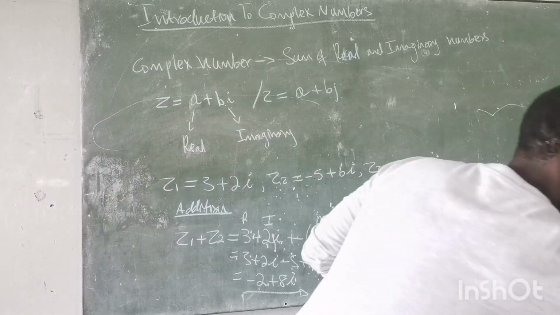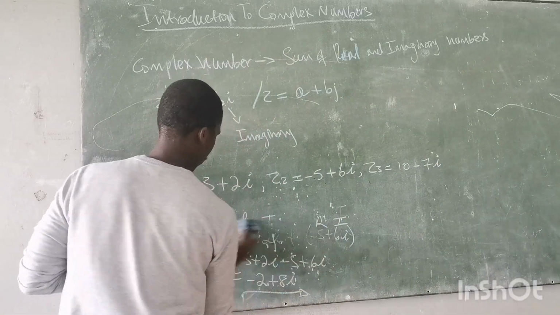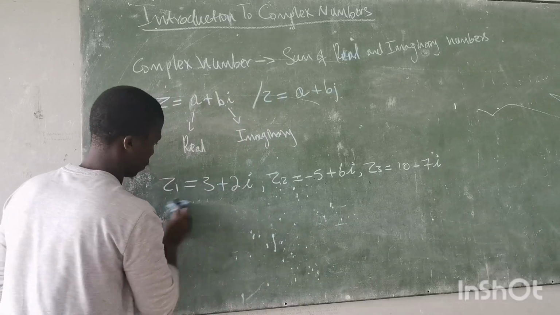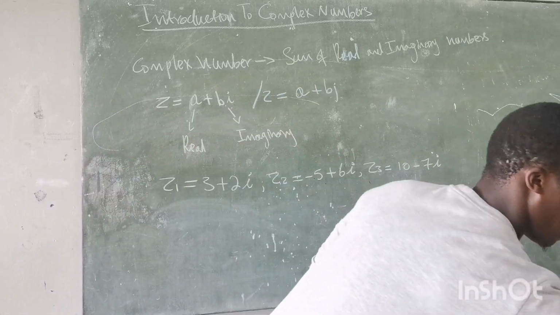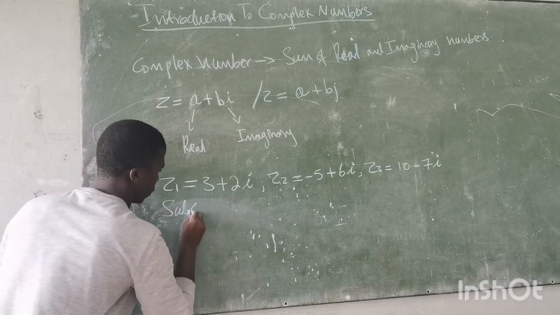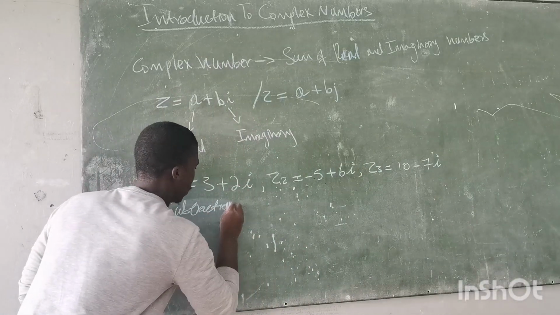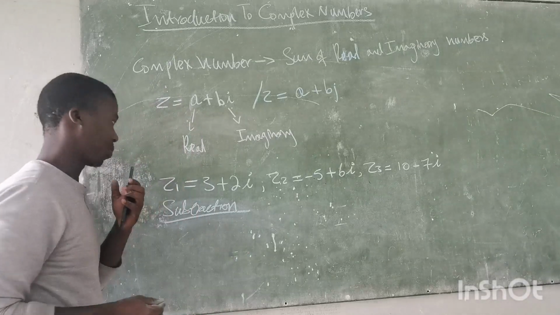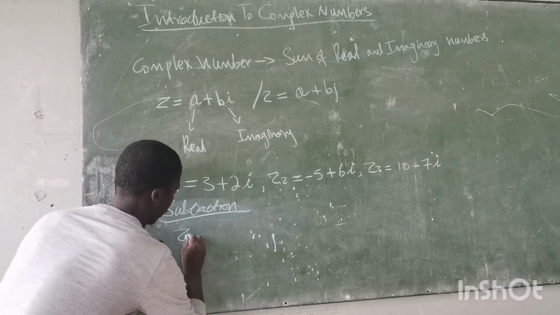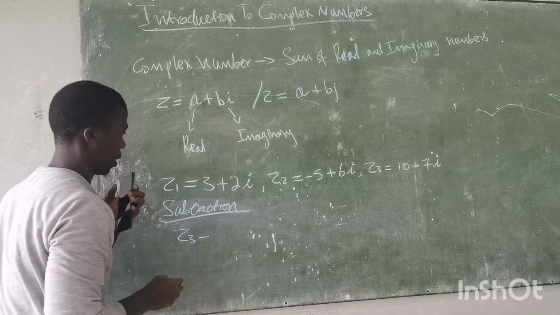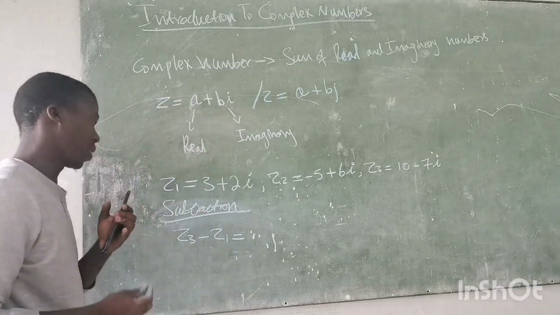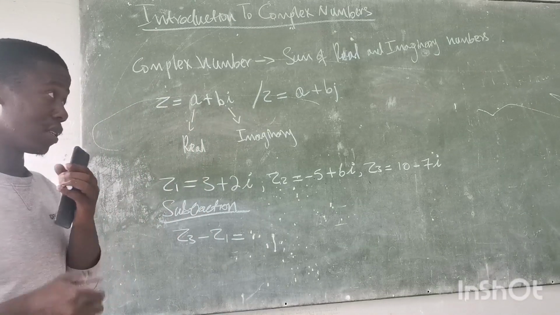Now we're going to look at subtraction. Let's subtract Z1 from Z3. So it's Z3 minus Z1.